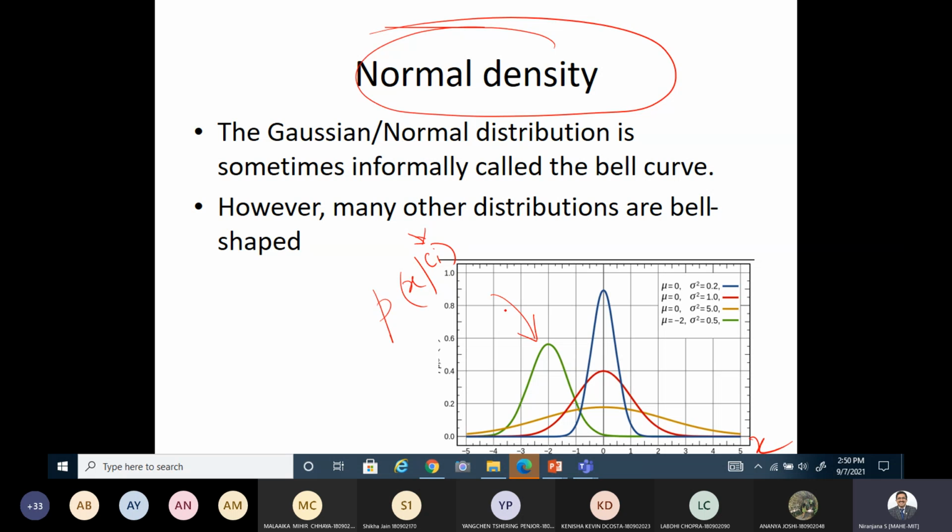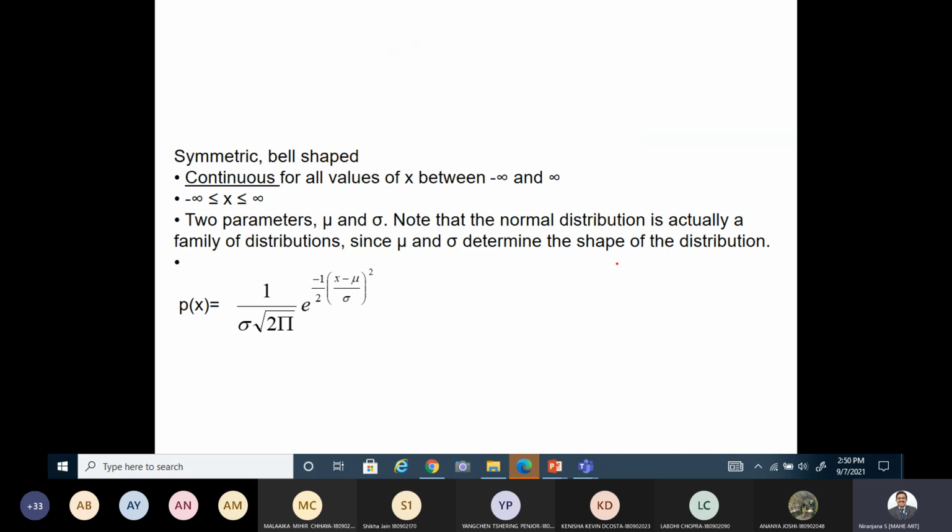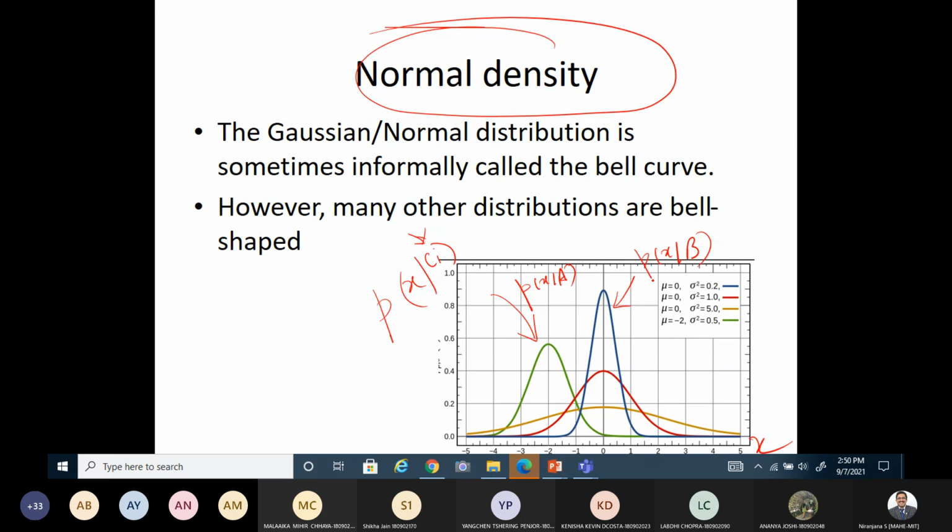When the class is A, it may be this probability of x given A. And maybe class B may be a second curve. The third one may be describing another class, C, for example, one more class, that's all. So it's a class conditional probability. With respect to that, you'll be trying to describe.